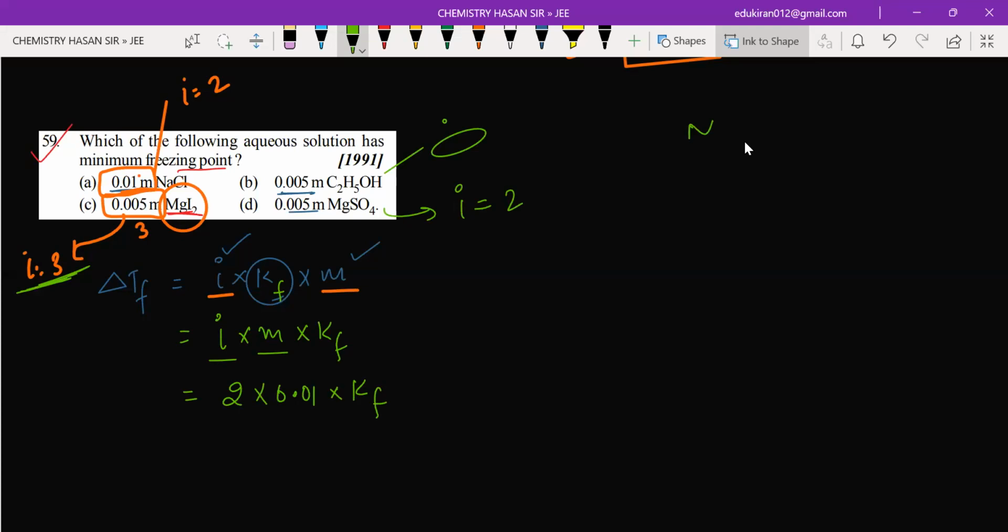So for MgI2, I'm going to calculate. Here delta TF will be equal to i is 3 and m is 0.05 and KF is as it is. If you multiply it, 3 fives are 15, you get 0.015 into KF.